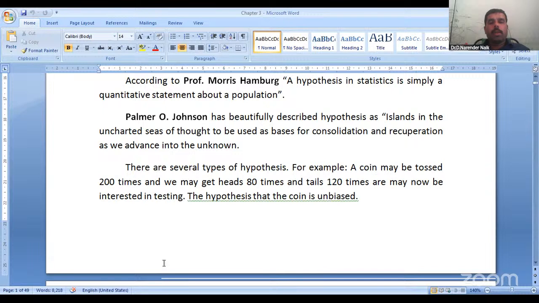Then next, there are several types of hypotheses. For example, a coin may be tossed 200 times and we may get heads 200 times and tails 120, or we may now be interested in testing the hypothesis that the coin is unbiased.